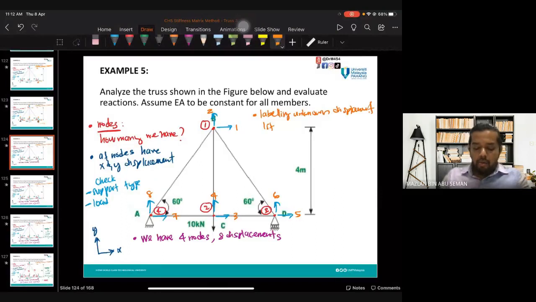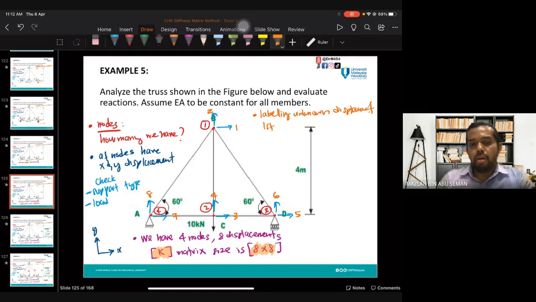Okay. We have 4 nodes and we have X and Y displacement, 4 times 2: 1, 2, 3, 4, 5, 6, 7, 8. So 8 displacements. That means for your capital K matrix, your matrix size will be 8 times 8.